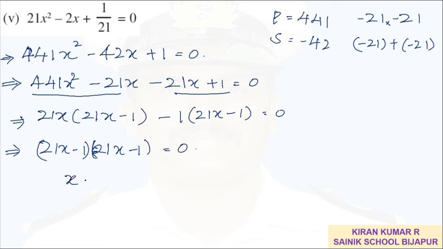Here it's a special case. We are getting equal roots. In other words, if you find the discriminant value, we would get the value of discriminant as 0. So we have completed the exercise.